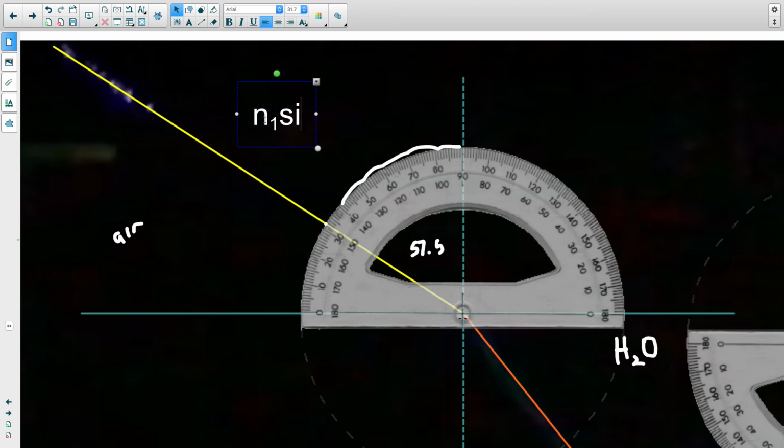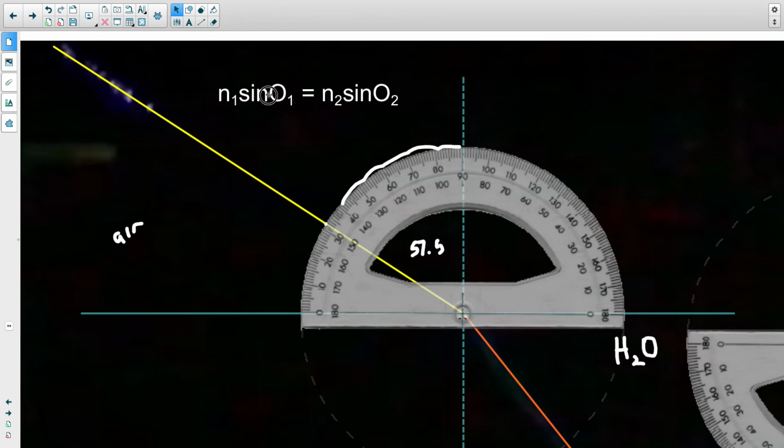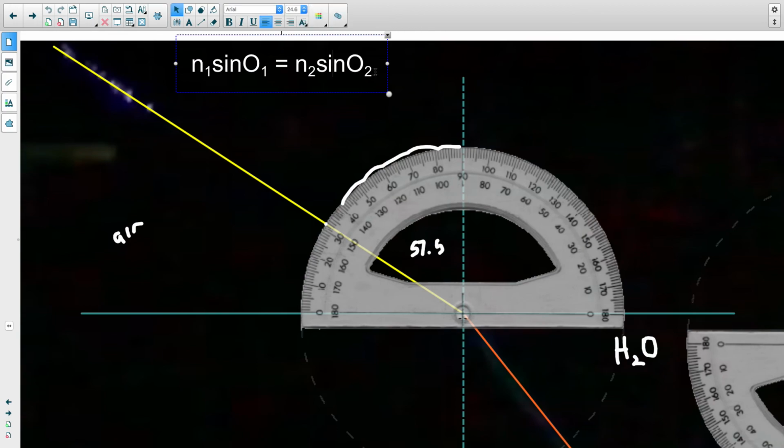All right. N1 sine theta 1 equals N2 sine theta 2. And so if you do this real quick, what angle should it be in the water?